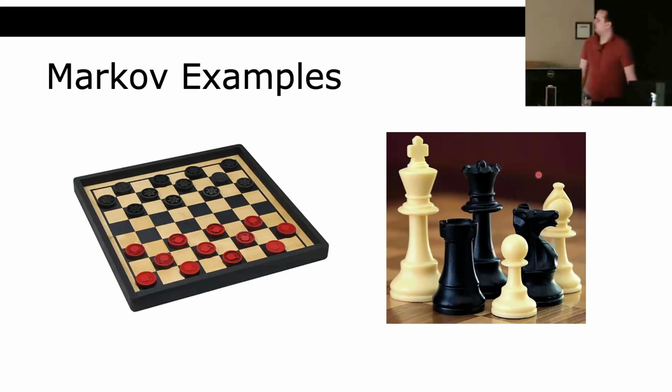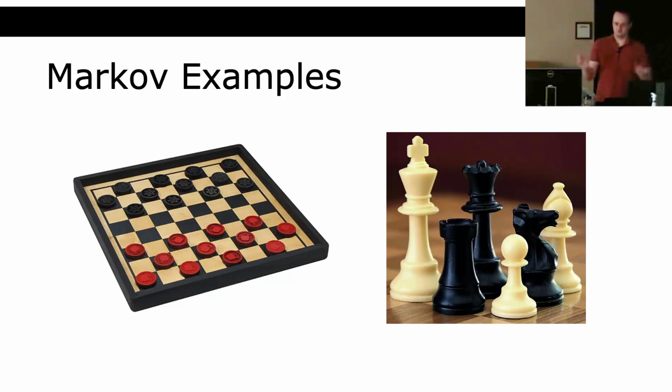For example, if we're playing a game like checkers or chess, where there is no hidden information, we can make the optimal move just by looking at the current state of the board. We don't need to know the sequence of actions that got us here. In Connect 4, that would have the Markov property, because I can just look at the state and make the best move.